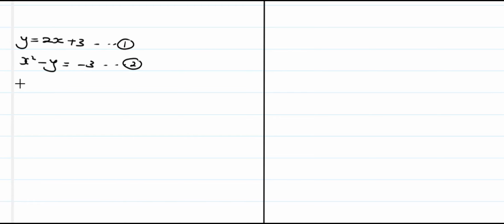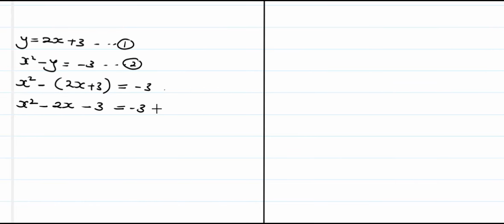So in this case, I'll have x squared, minus, but I already know y is 2x plus 3, is equal to negative 3 here. And then I can open the brackets and I have x squared minus 2x minus 3, because this multiplied by this becomes negative 3, is equal to negative 3 again.